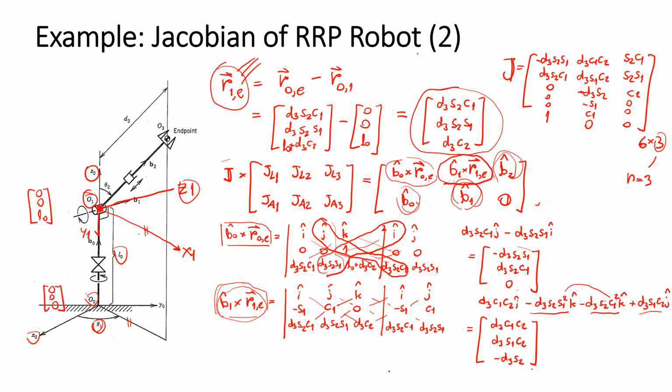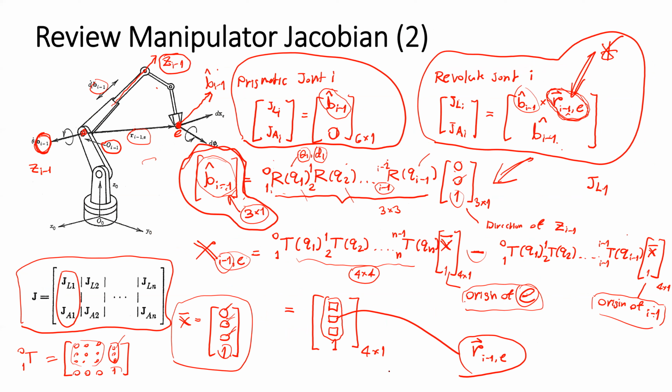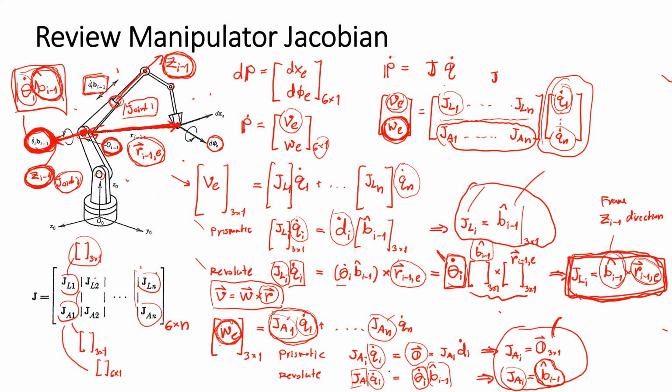We also saw a good example to obtain the Jacobian matrix for a 3 degrees of freedom RRP robot, and we reviewed the concept of the Jacobian. How can we compose the Jacobian matrix? So yeah, that's all for today.